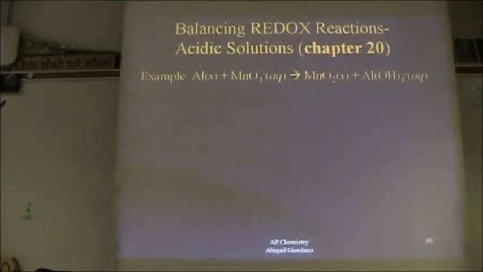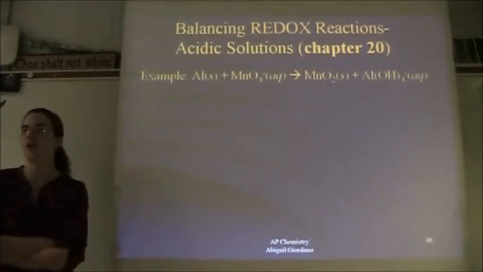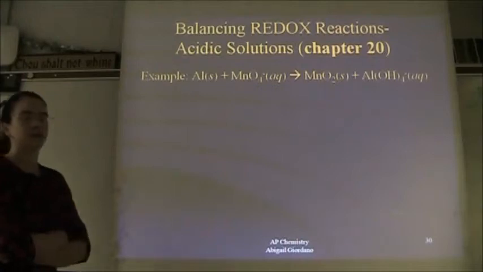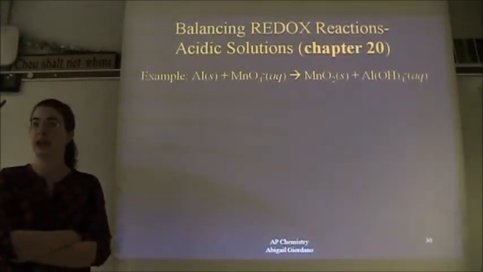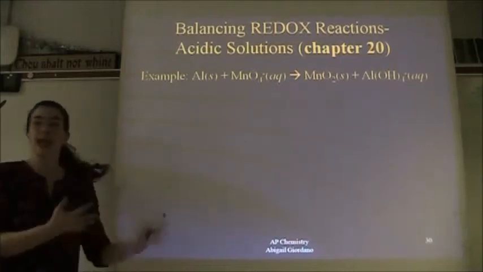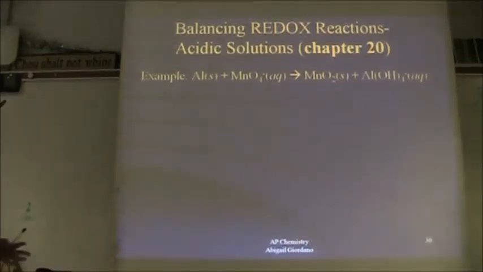Just look at it carefully. Is there some reason why you might not be able to just balance it the regular way? Yep. There's hydrogen on the right, not on the left. You got it. There is hydrogen on the right and just mysteriously missing on the left. And that's a problem. Okay? You can't balance your normal way.